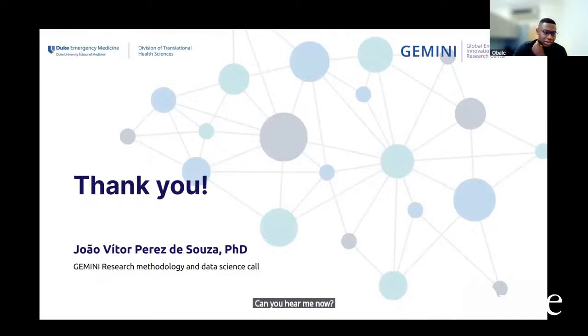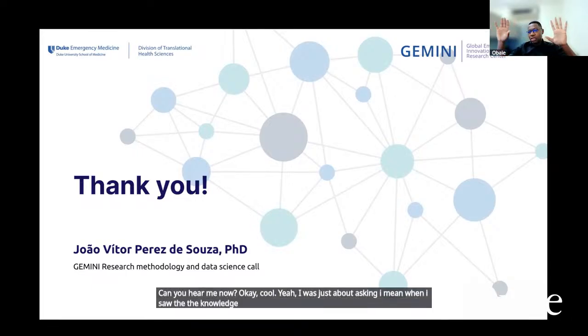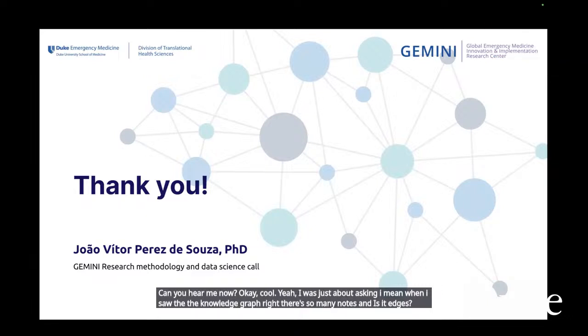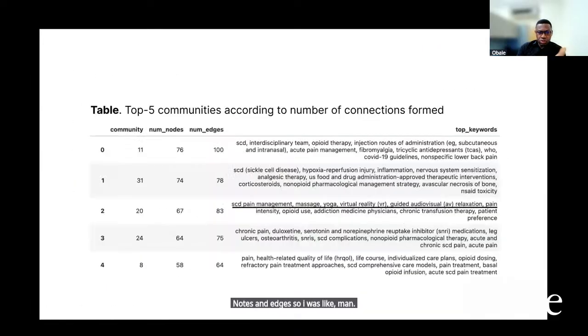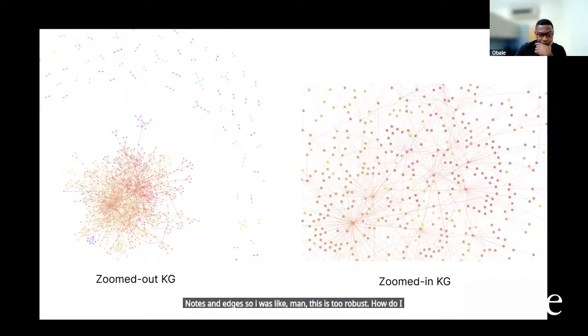Yes. Okay, cool. Yeah, I was just about to ask, when I saw the knowledge graph, there are so many nodes and, is it edges? Edges, yes, nodes and edges. So I was like, man, this is too robust. How do I make sense out of this?